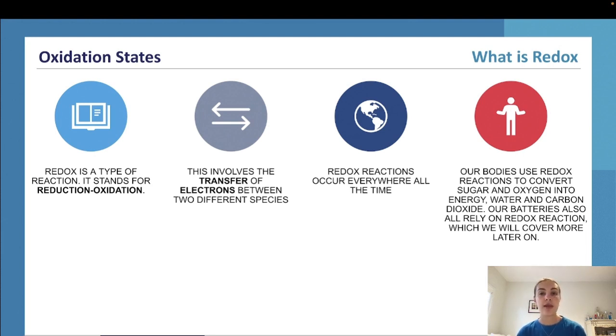Another example is batteries, which rely on a redox reaction. We'll go into that in a bit more depth later on, particularly when we think about galvanic cells and electrolytic cells, which are a type of battery.